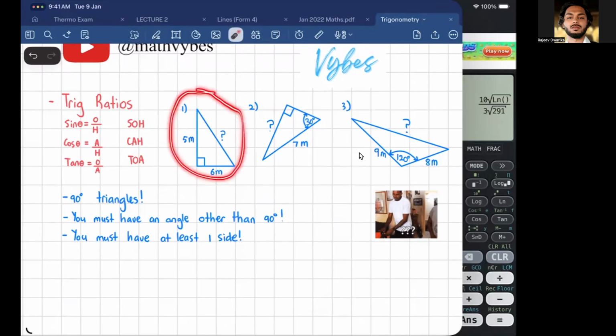No, sir. Okay, why? Because it doesn't have another angle other than the 90 degrees. Exactly right. What do you think you should use for that? Come on, Priscilla. What do you think you should use for that triangle? What do you think you should use to find the unknown side there?